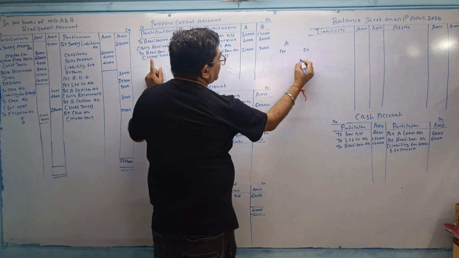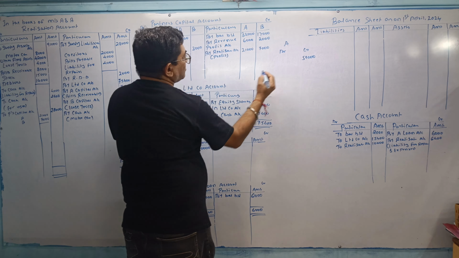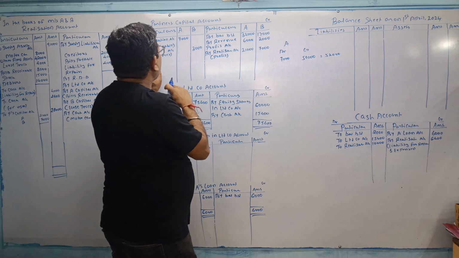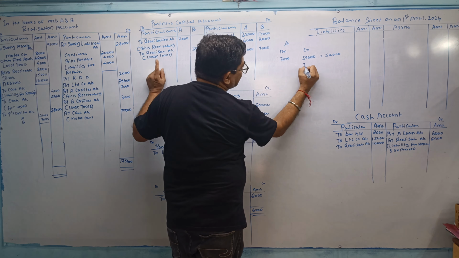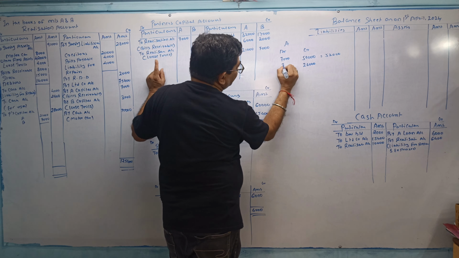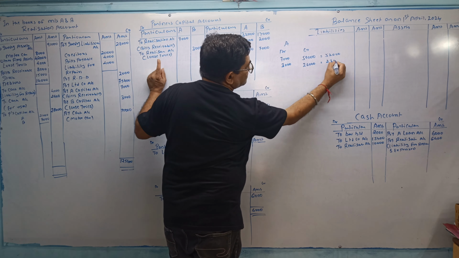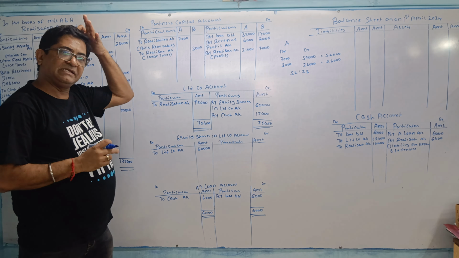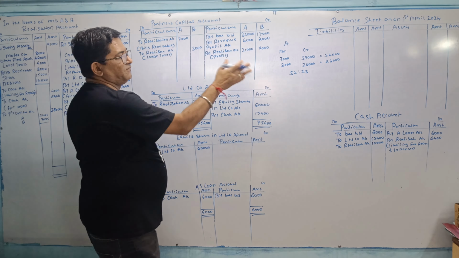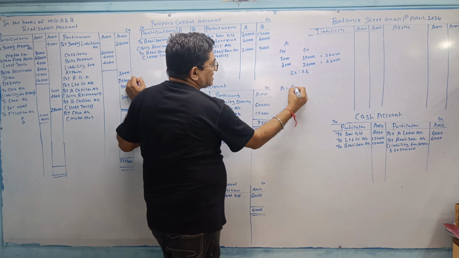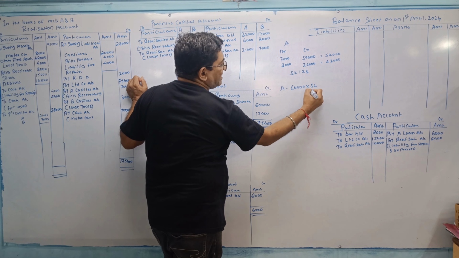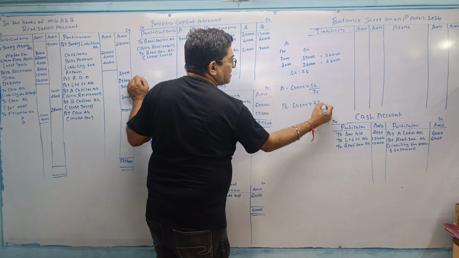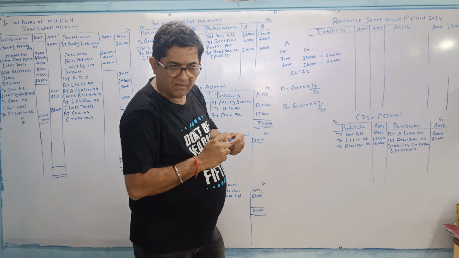A का credit है 59,000 और डेबिट है 7,000. सो क्लोजिंग कैपिटल आया 52,000. बी का क्रेडिट है 26 और डेबिट है 3, सो ये आया 23,000. सो 52:23 का रेशियो आया. अभी जो हमें शेयर्स मिले 60,000 के, दिस शुड बी डिस्ट्रीब्यूटेड इन विच रेशियो? 52:23. सो ए को मिलेगा 60,000 इंटू 52/75 और बी को मिलेगा 60,000 इंटू 23/75.